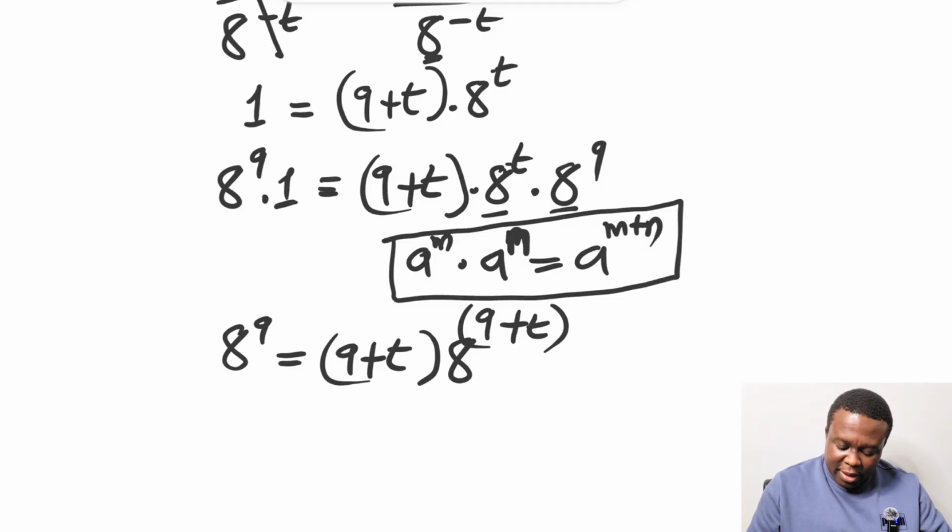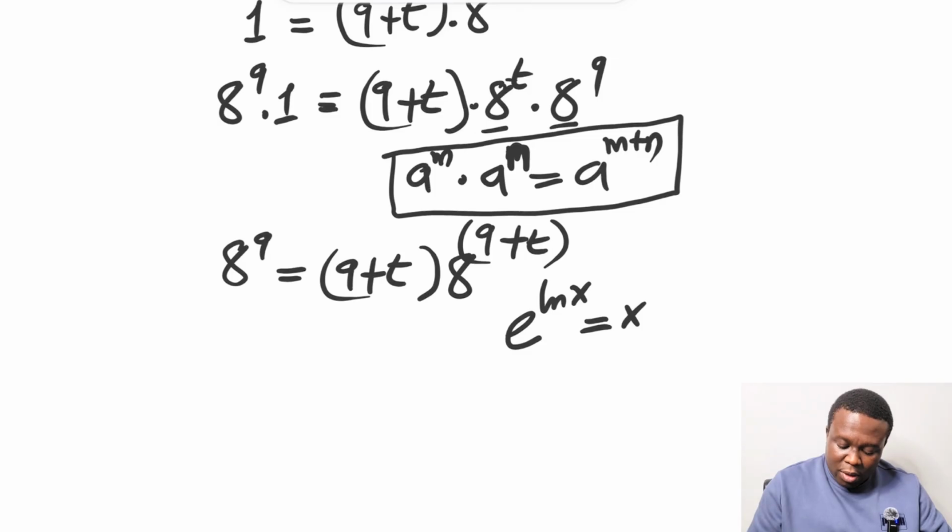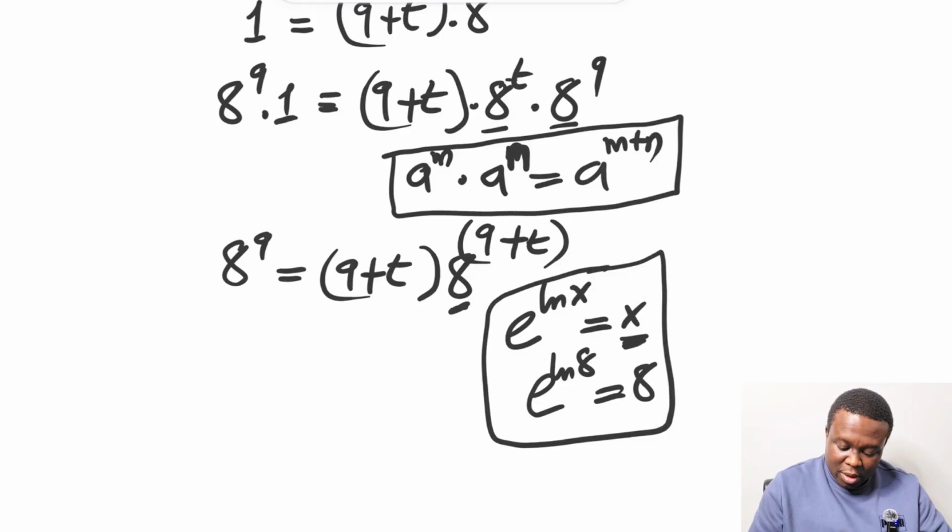We have that e raised to the power ln of x is equal to x. So if our x is, for instance, in this question, our x is 8, therefore it becomes e raised to the power ln of 8, which is 8. That's what it means. So we're going to replace this 8 with e raised to the power ln of 8.